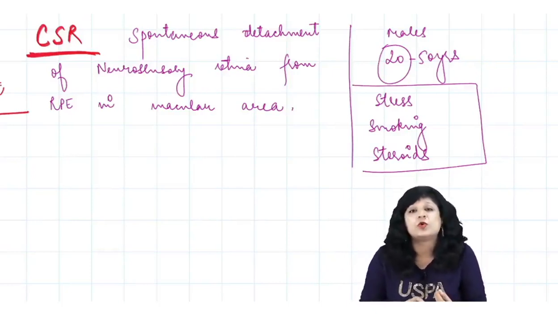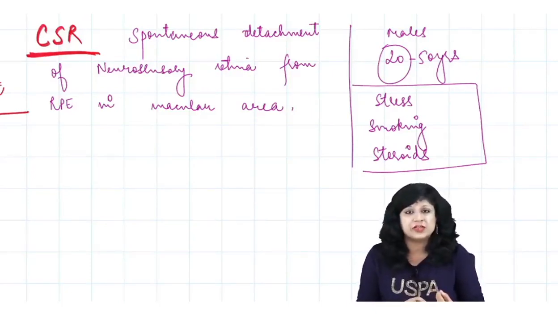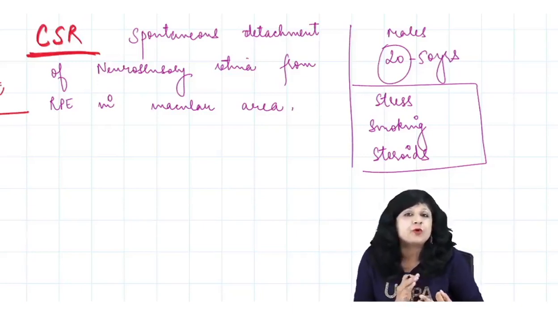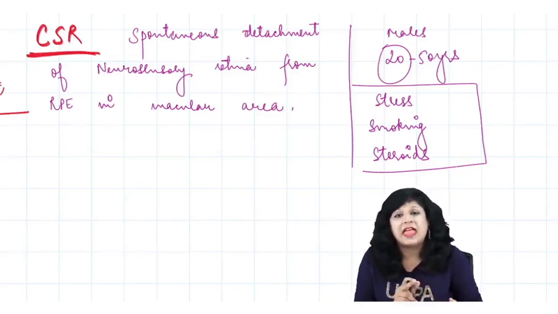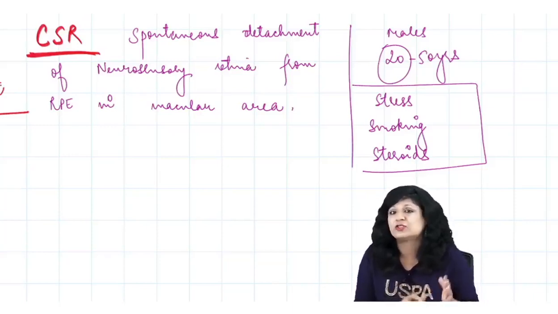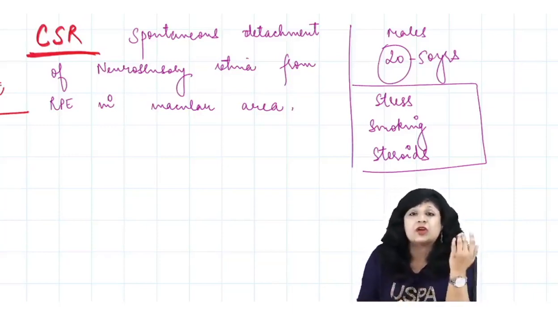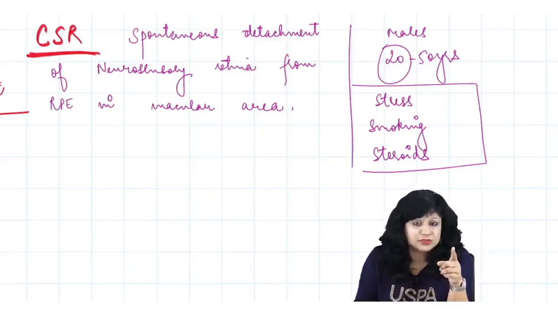And that's why I told you that a business executive, these people are highly prone to this CSR, because they always have target pressures, stress is always there, exuberant lifestyles are there, and if any patient is on the steroid. So these are the risk factors. So you have to ask about the risk factors from this patient.